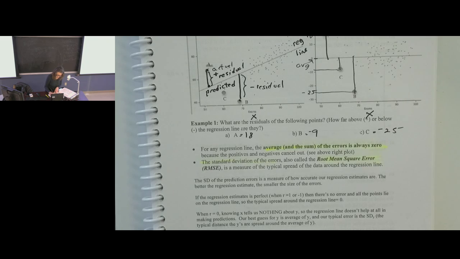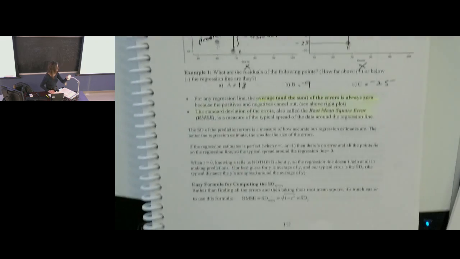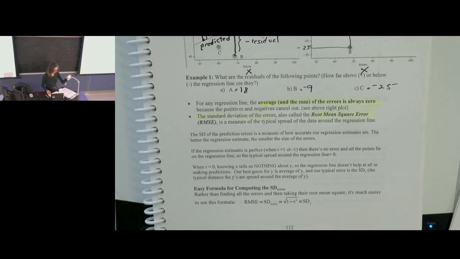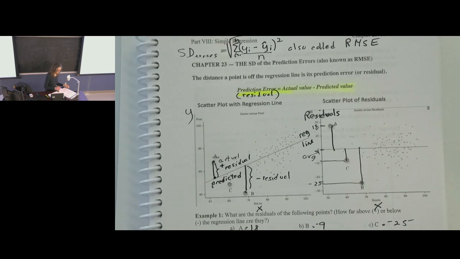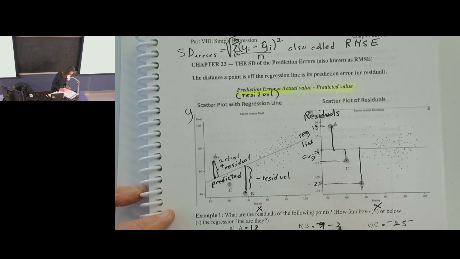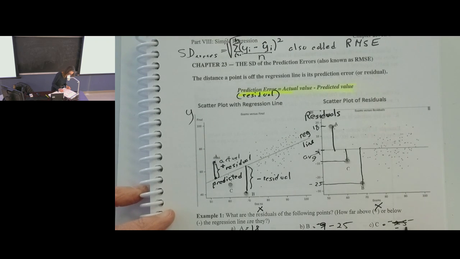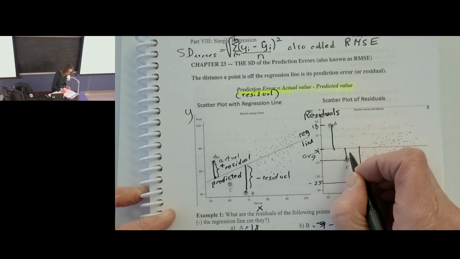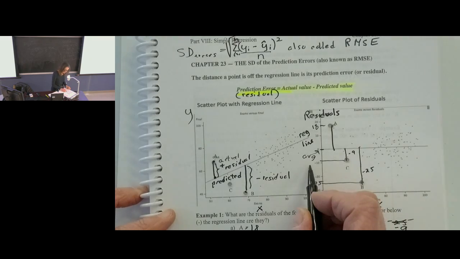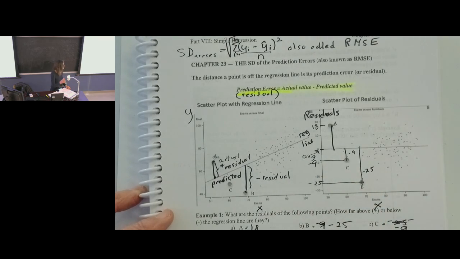This is the big one, and that's the small one. So now we're back down here. That's the negative 25, and that's the negative 9. Sorry about that.